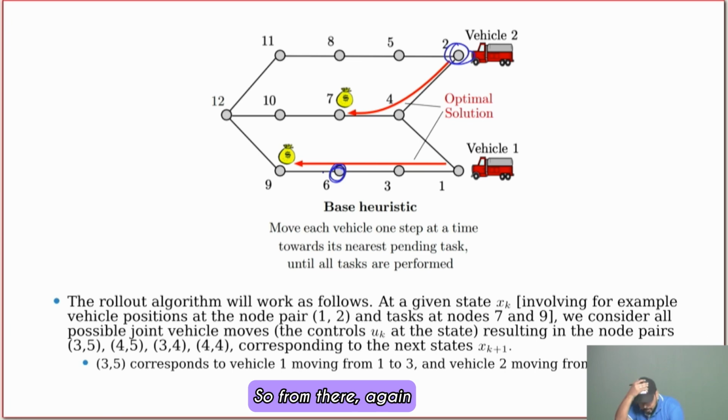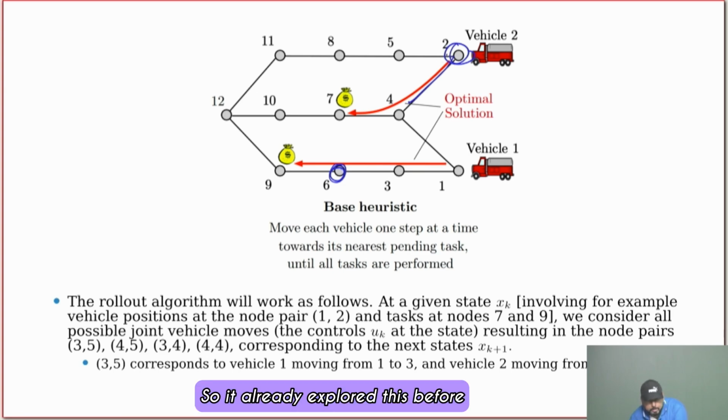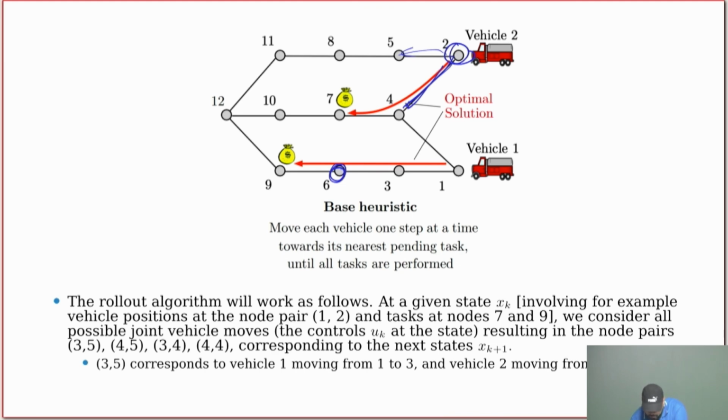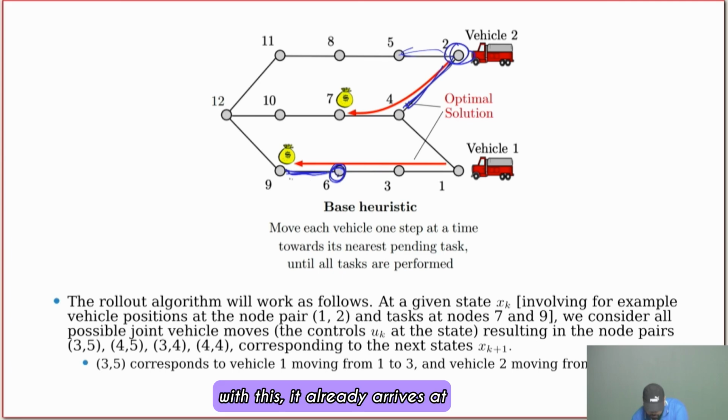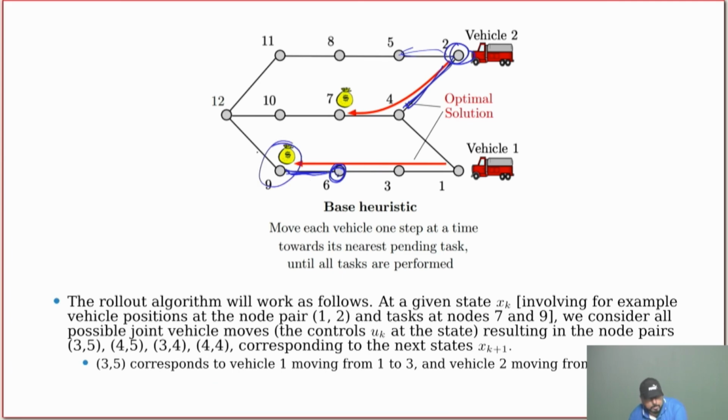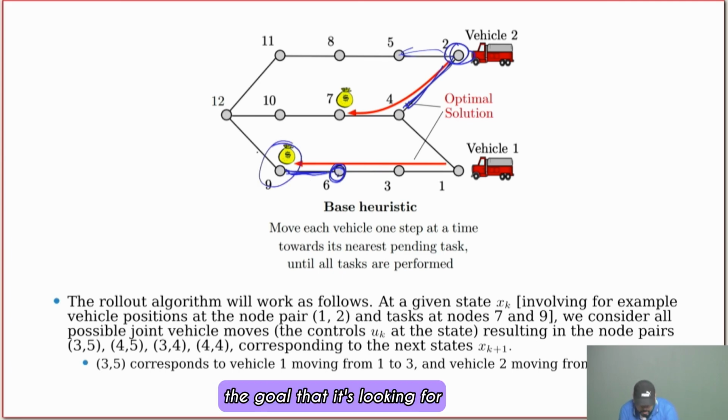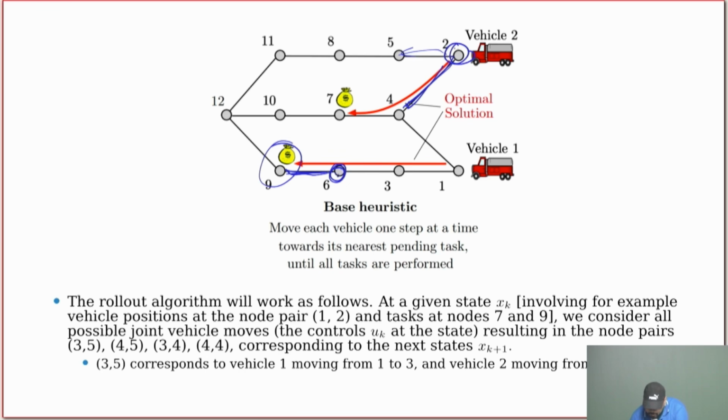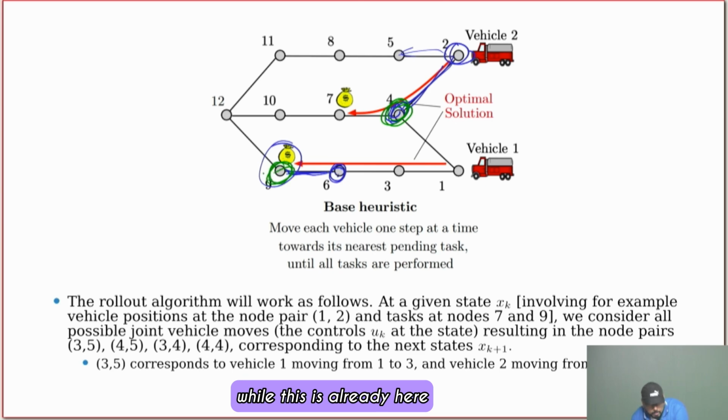So they will take this, it already explored this before. So it will now look into this, and with this it already arrives at the goal that it's looking for, and in the next step vehicle 2 will arrive here. So this vehicle 2 is here while this is already here.